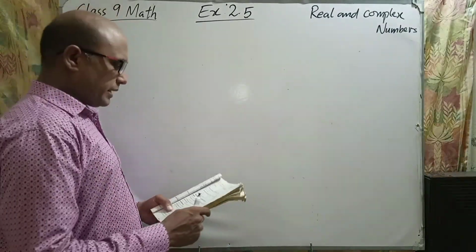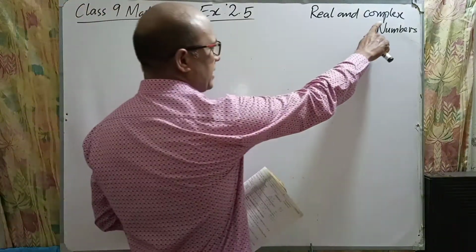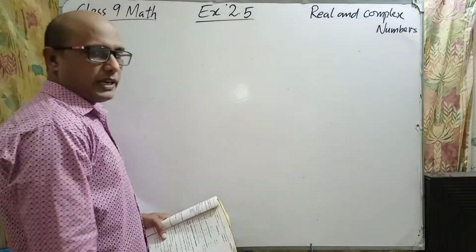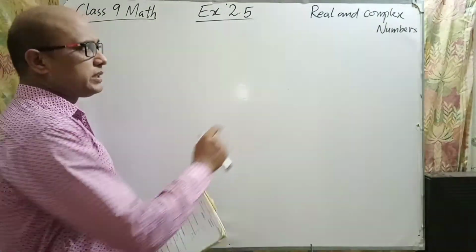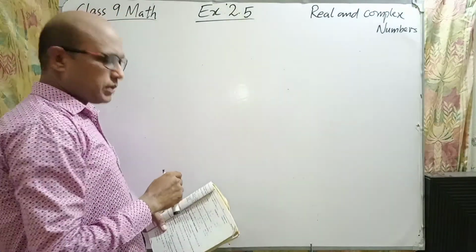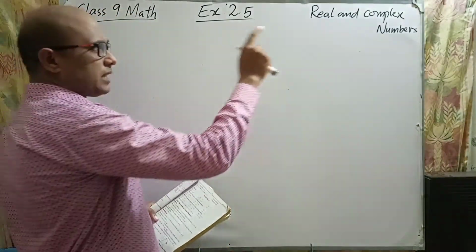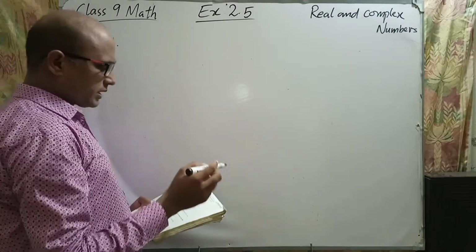This exercise is related to the complex numbers. In the previous exercises we solved real numbers, but in this exercise students will solve some of the complex numbers. So let's start with question number 1.